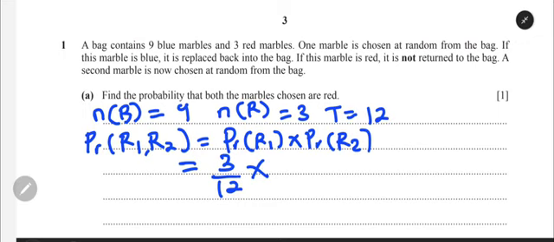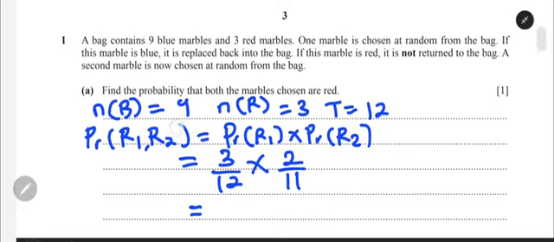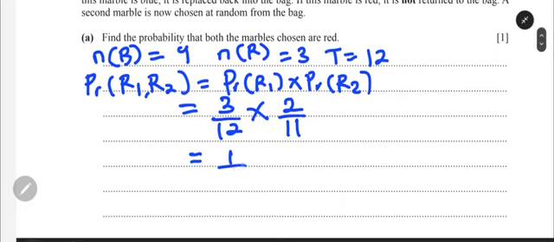You've selected one already out of the 3, so we are left with 2 red, and the total marbles will be 11. So the probability of getting red in the second selection will be 2 over 11. We can use a calculator to simplify this, and in the simplest form it gives us 1 over 22. So that is the answer for 1A.